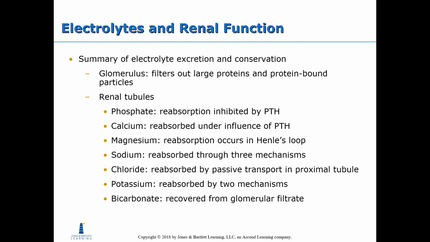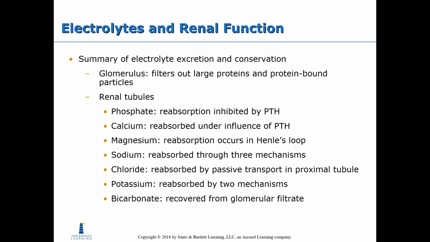This is a summary of electrolyte excretion and conservation. The glomerulus filters out the large proteins and protein-bound particles. Then we have the renal tubules, where some of these major ions are reabsorbed. Phosphate is reabsorbed, and the reabsorption is inhibited by parathyroid hormone.